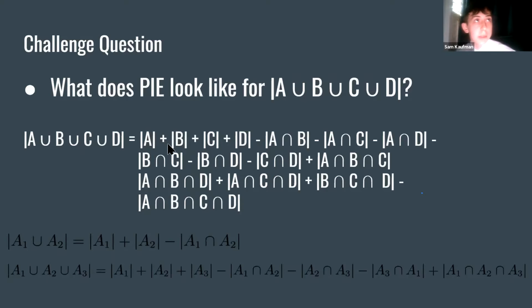So we have the size of A plus size of B plus C plus D, and then we take the intersection of each pair of sets and subtract those. And then we take the intersection of each group of 3 sets, and we add those. And then finally, we subtract the intersection of all 4 sets. Anyone have any questions about that?